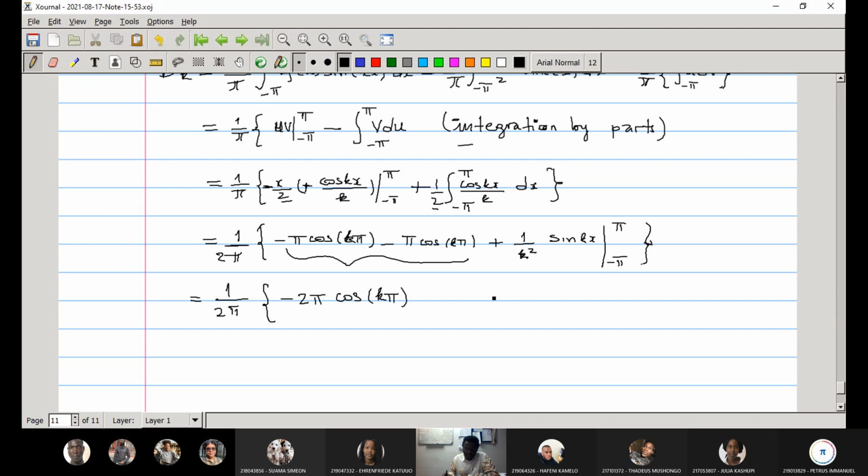Now for this, I have as a factor 1 by k squared, right, this one. And then inside I have sine, that would be 2 sine k pi, right? Because there will be a minus here, with that minus it becomes plus, and then there will be a 2 here in front.